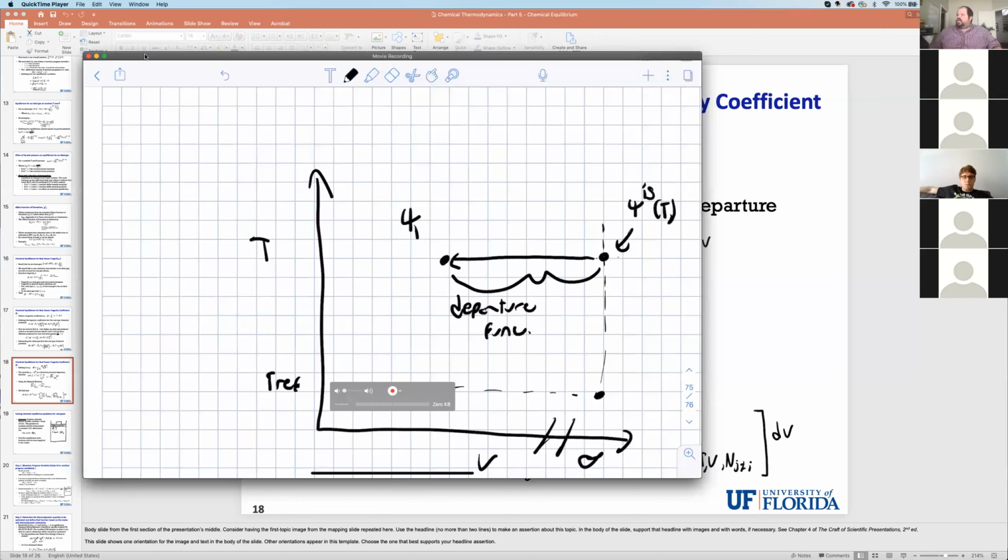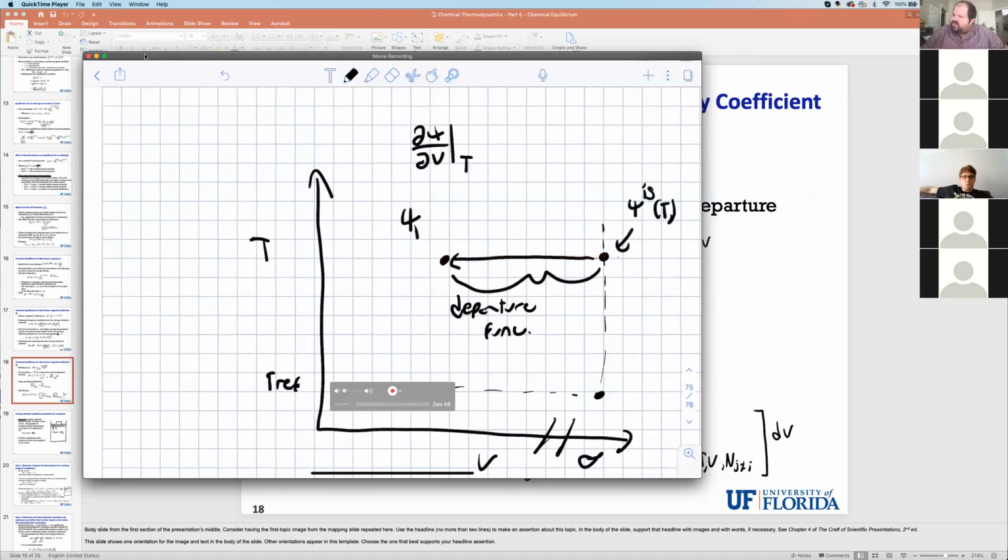Since we don't know what our variable psi is, but we do know its derivatives, you can find this length here, the difference between these two points, by taking the derivative of psi with respect to V. So that would be partial psi, partial V. Since it's defined to be a constant temperature process, it's at constant temperature.